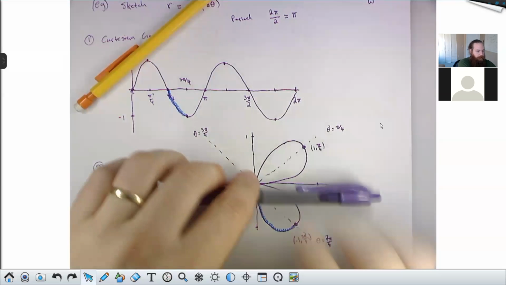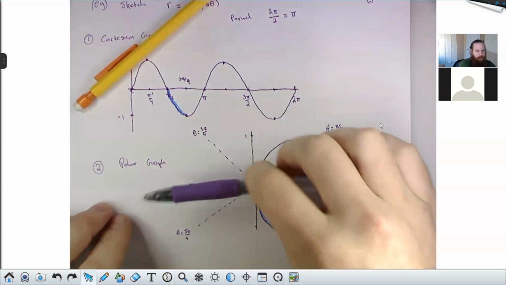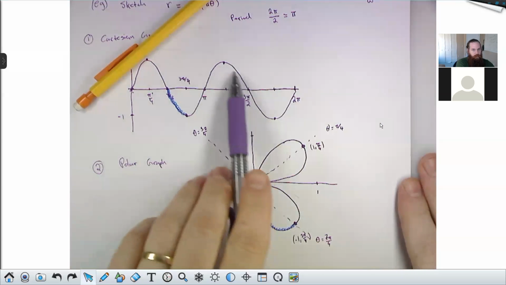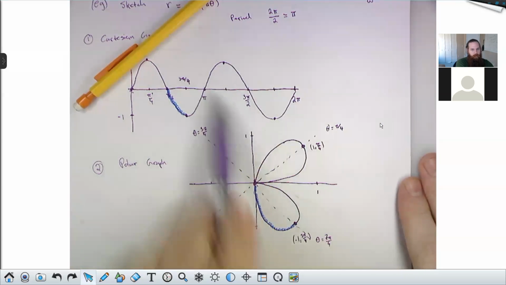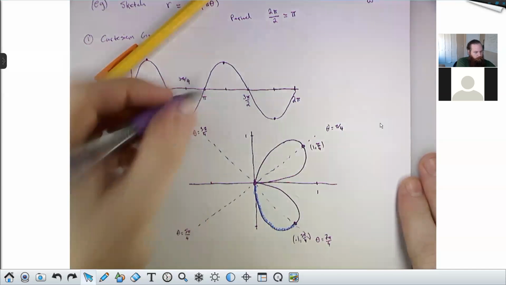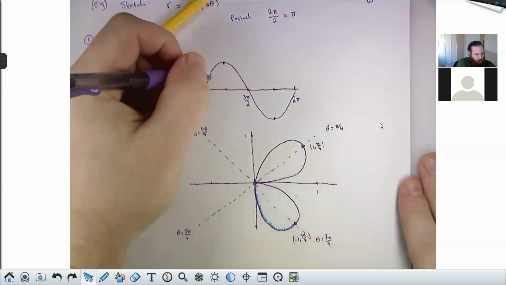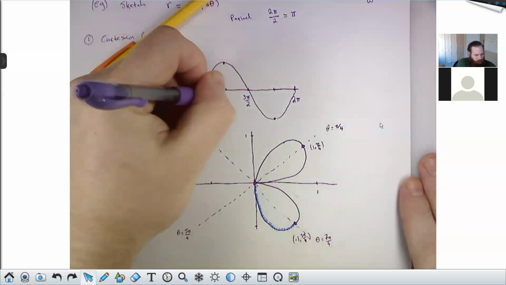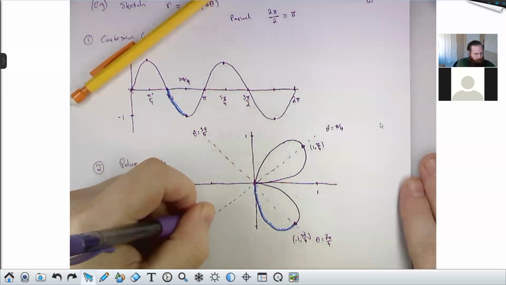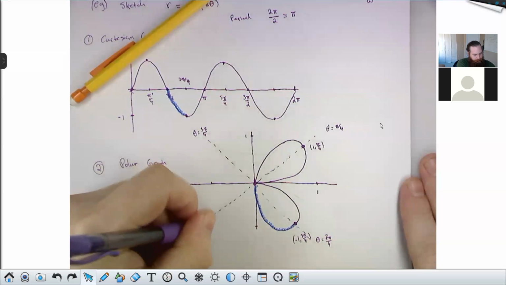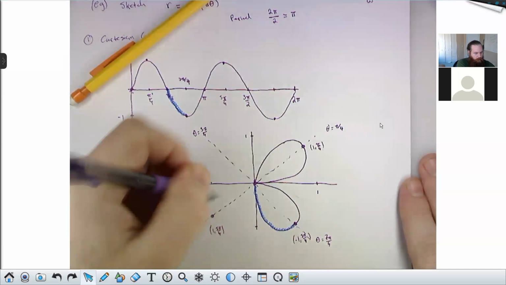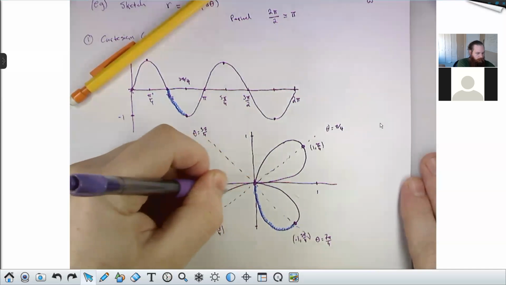As we rotate past pi, as we keep going here, r is positive again. So no more funny business of reflecting through the origin. We're going to come all the way out to a max of 1 when theta is equal to 5 pi over 4. So we're going to come out here to 1 comma 5 pi over 4. And that's going to look like this.